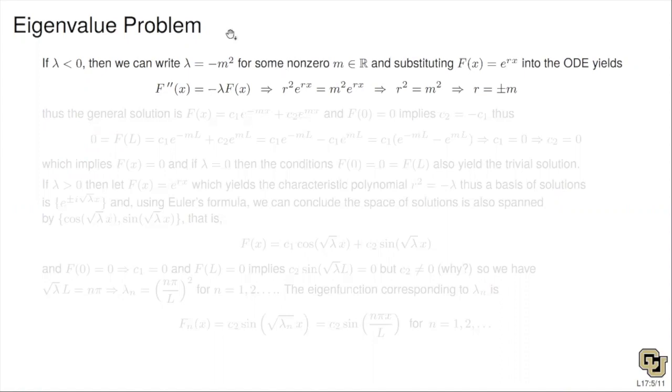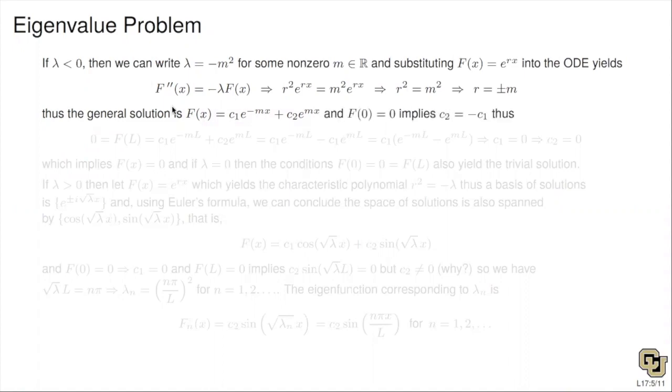In our equation, this minus sign cancels with the minus sign here, so we just have an m squared. And so we can write the general solution as this linear combination of these non-zero exponential functions. And now if we use the boundary conditions, I'll show you we get a trivial solution.